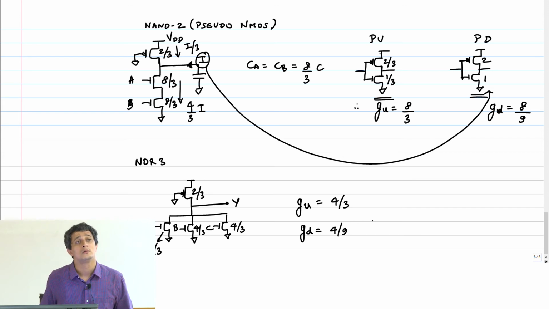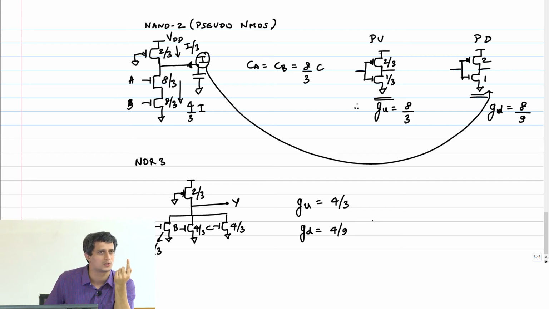Why is the PMOS 2 by 3? Because we just calculated based on the noise margin, right? VOL has to be something, and I said, okay, let's assume that WP by WN has to be half. It gave us a good noise margin, so I said that's 2 by 3. So this PMOS, because it's just one PMOS pulling up, is 2 by 3 always.